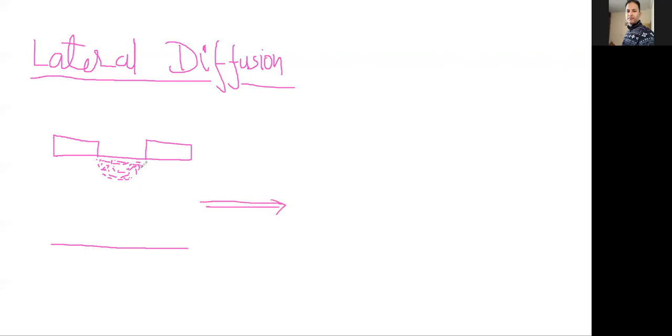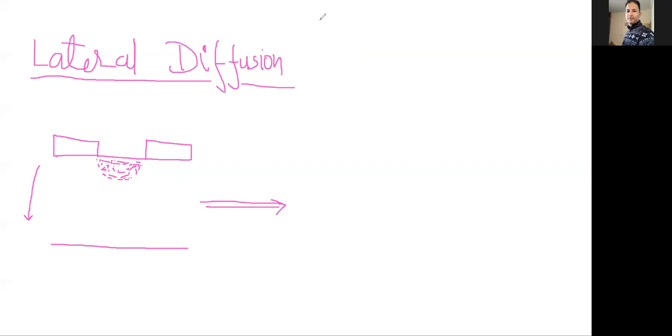Now if we allow for diffusion, we may expect that diffusion shall take place only in the bottom direction, the downward direction. But what will happen, as is obvious, is that diffusion will take place in all directions.